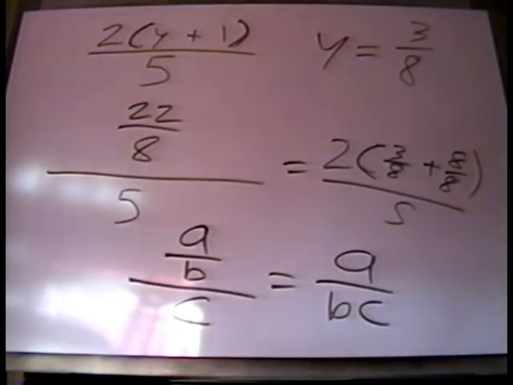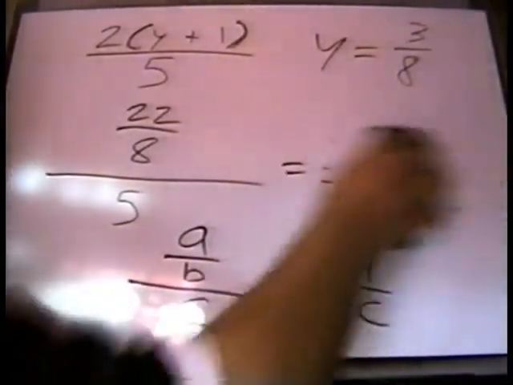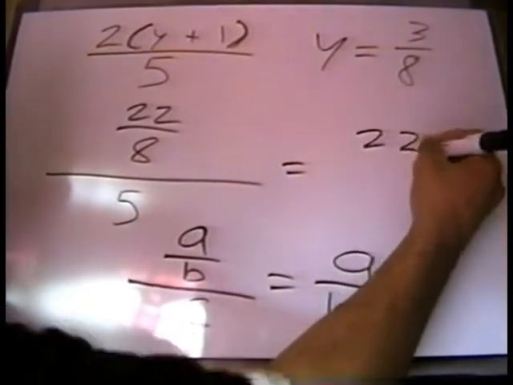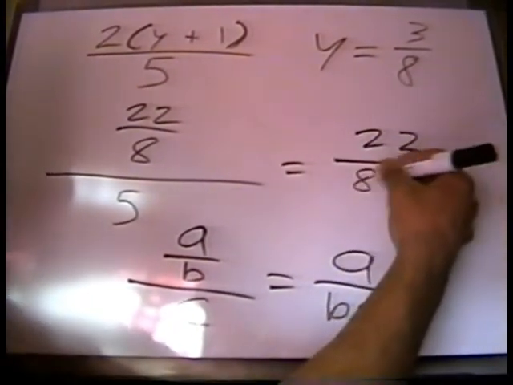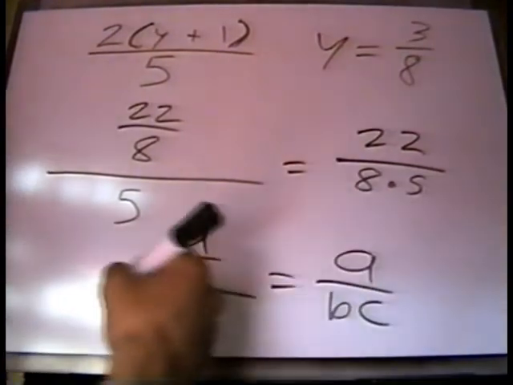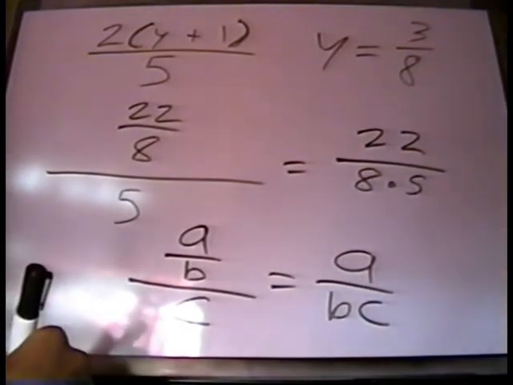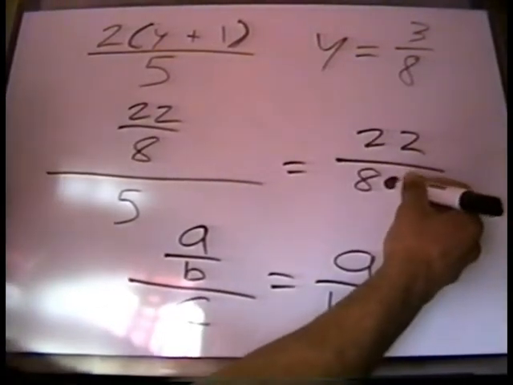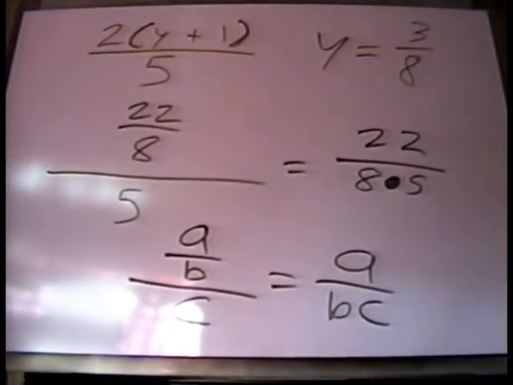So here, what do you have? You get 22 over 8 times 5. Okay? 22 over 8 times 5. Times 5. Not point, that's times 5. By the way, I don't use x's for multiplication, because they can be mistaken as the variable x. 8 times 5 is 40.